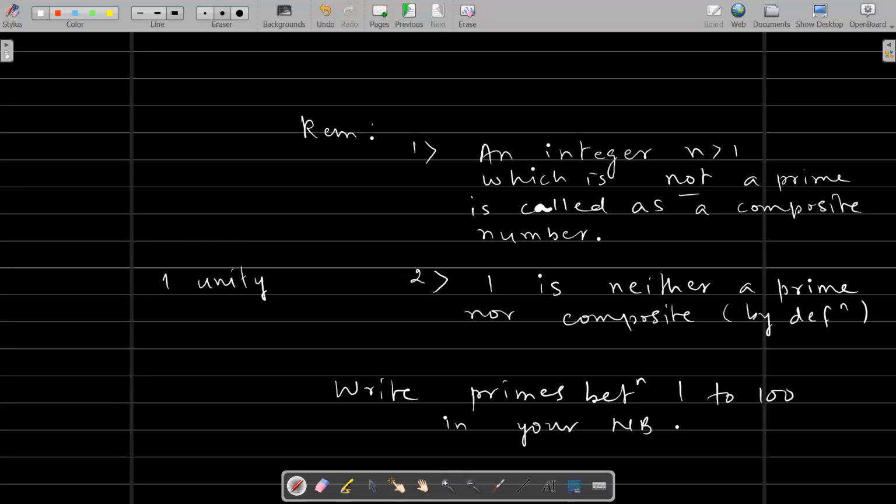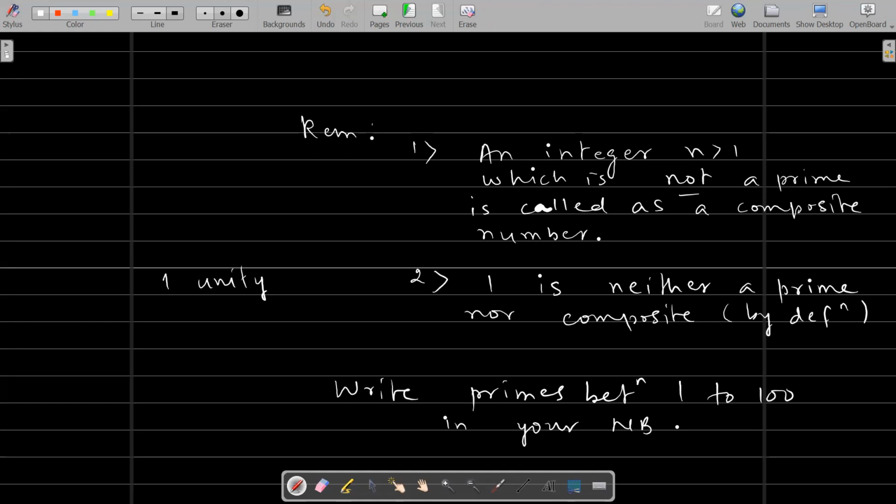Yes, Bhairav? Sorry, I forgot to lower my hand. Okay, yeah. Vivan? Sir, if we are taking integers, then what will zero be? Will it be prime, composite, or neither? See, in fact, we are talking of only positive numbers.